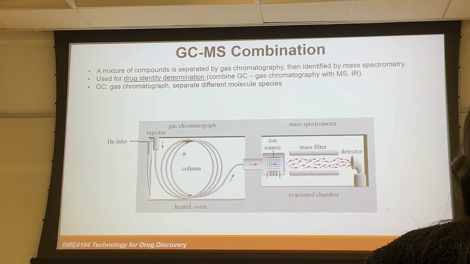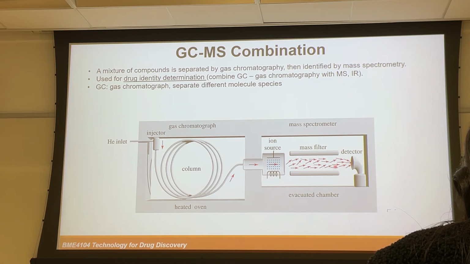Here is a more realistic illustration of the mass spec. As I said, the samples need to be vaporized before being analyzed, so they are usually connected to a GC. Then the fragments pass through the field and are detected by the detector.